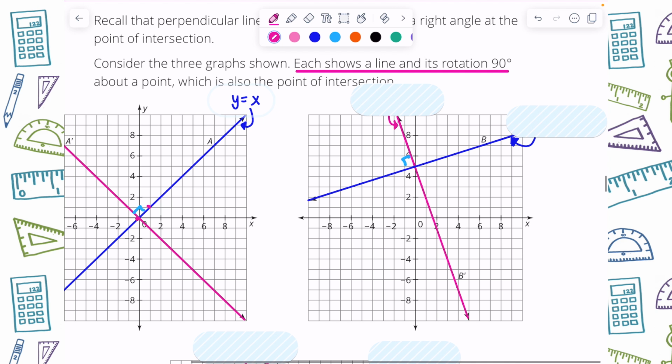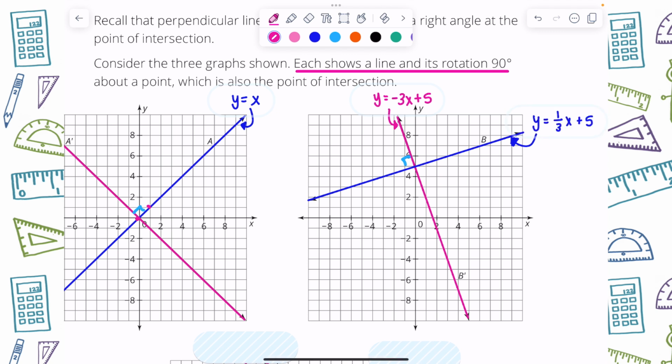Let's look at the second graph. This pink line, hopefully you got that the equation was y equals negative 3x plus 5. And for the blue line, hopefully you got that the equation is y equals 1/3 x plus 5. Again, when you are trying to notice something about these, hopefully you noticed that the y-intercepts were the same, and hopefully you noticed something about their slopes.